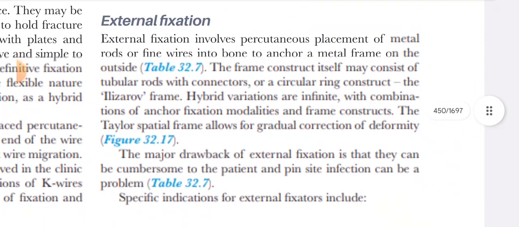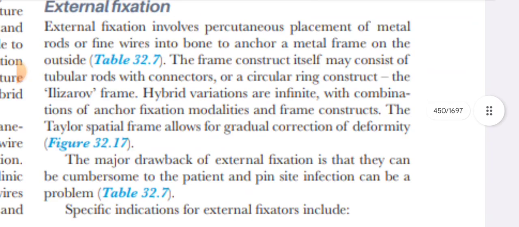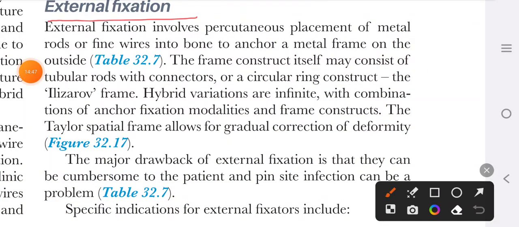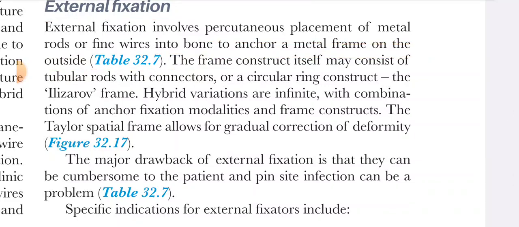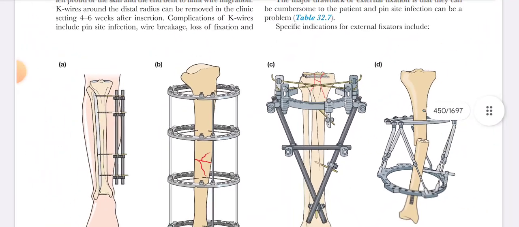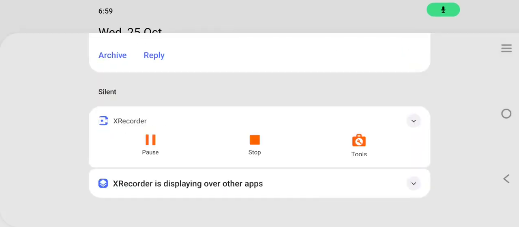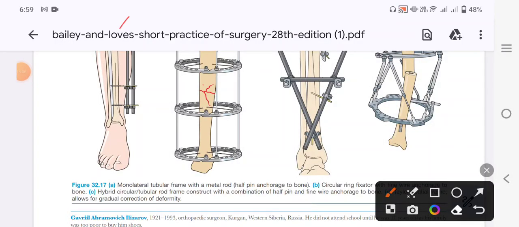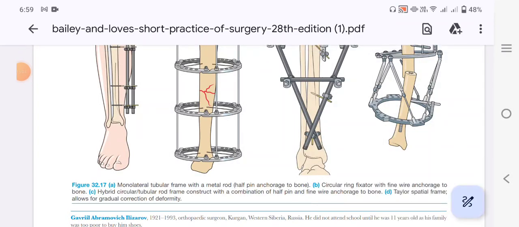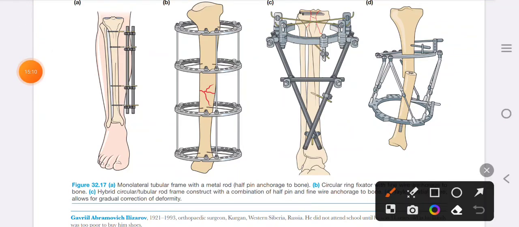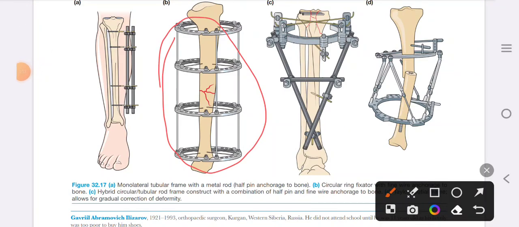Moving on to external fixators. External fixation involves percutaneous placement of metal rods or fine wires into bone to anchor a metal frame on the outside. External fixators can be simple uniplanar with pins and rods for simple open fractures, or it can be a ring fixator, also called Ilizarov fixator, after the name of the surgeon who invented it, consisting of threaded rods, pins, wires, and rings.